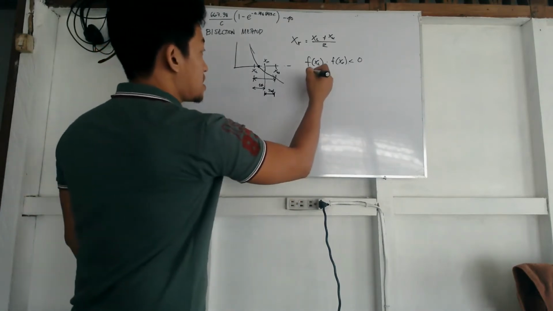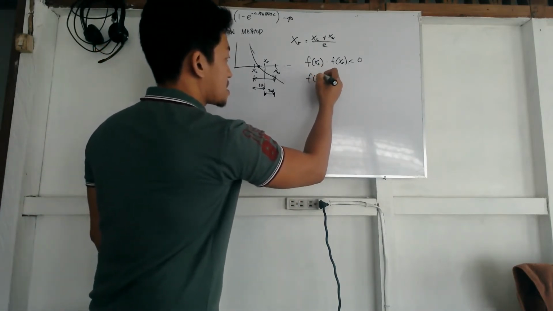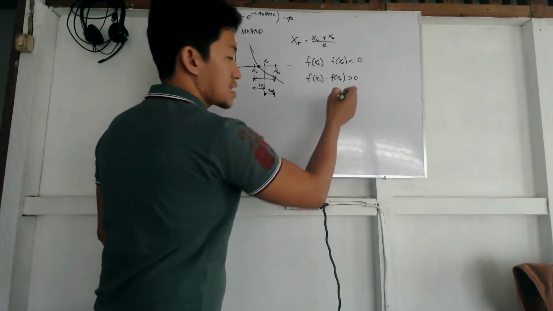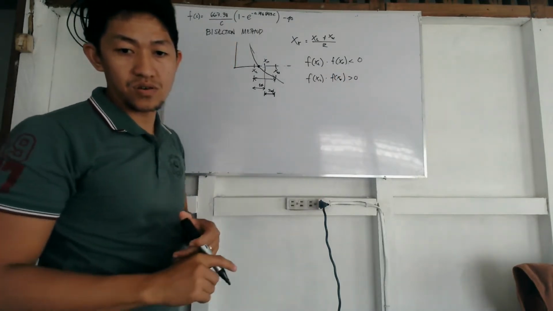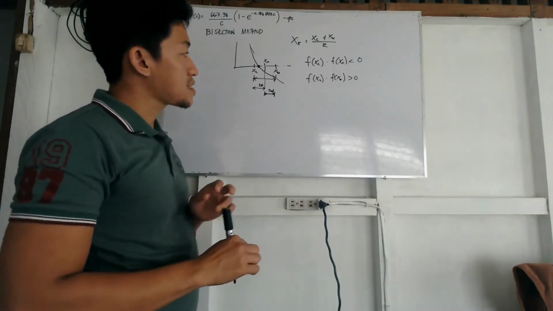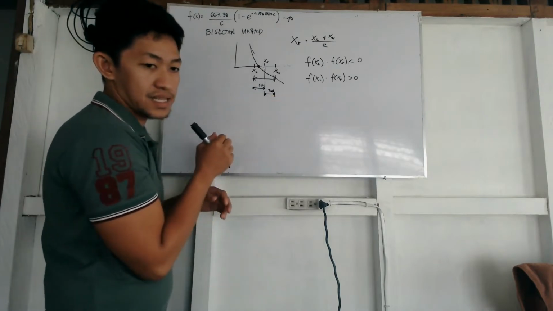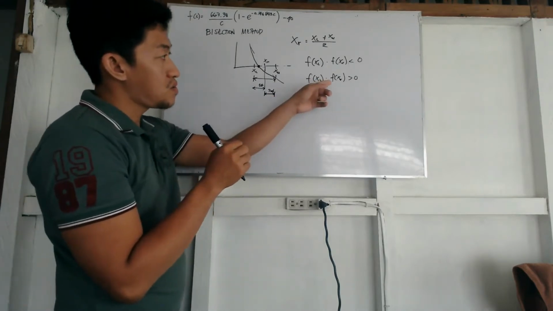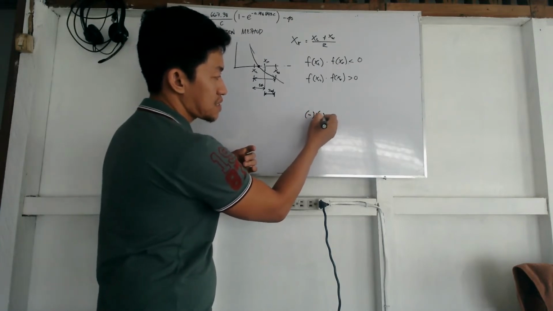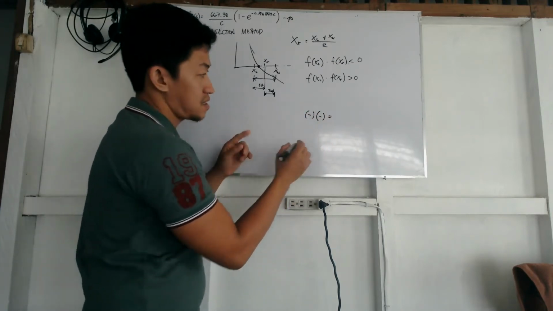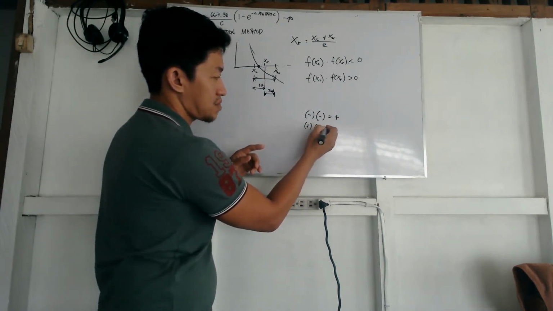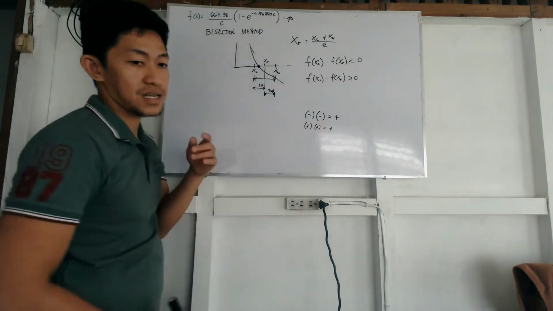But if f of XL times f of XR is greater than 0, it means the root is in the second. Because negative times negative is positive, and positive times positive is positive, greater than 0.